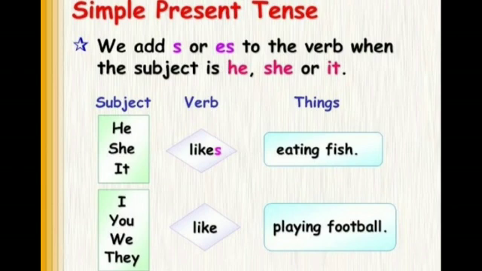You like playing football, or we like playing football, or you can say they like playing football. So, for the subjects I, you, we, they, we use only the verb and we don't add S or ES to the verb in simple present tense.